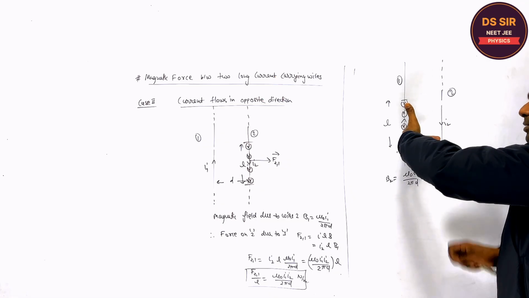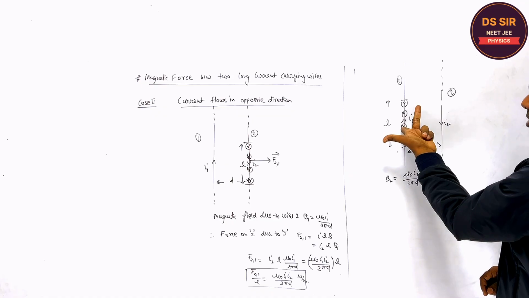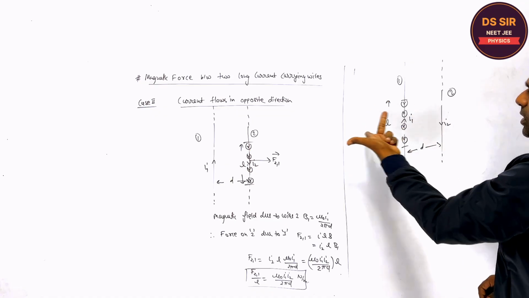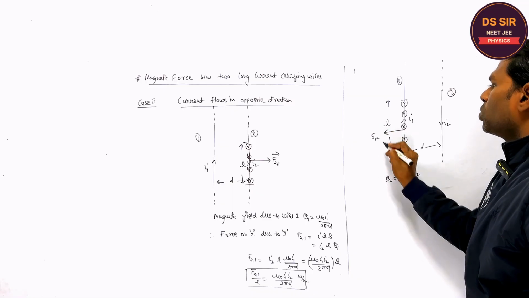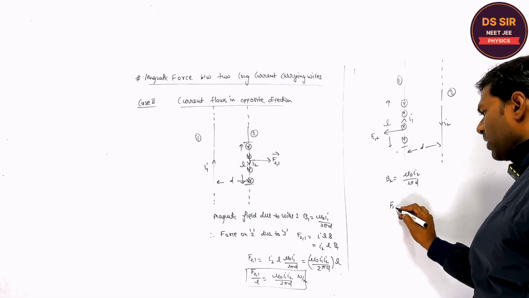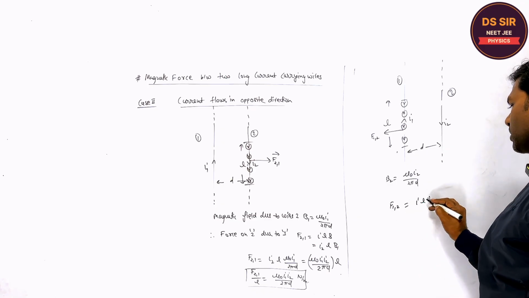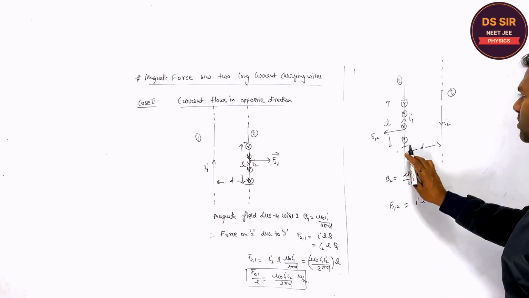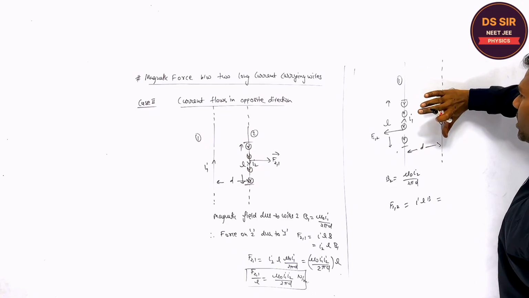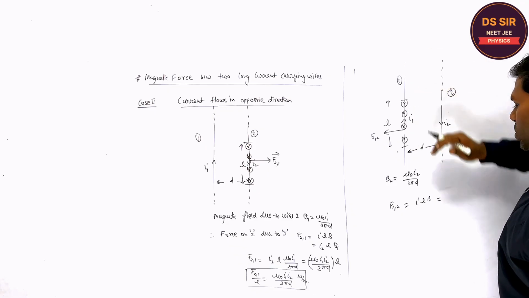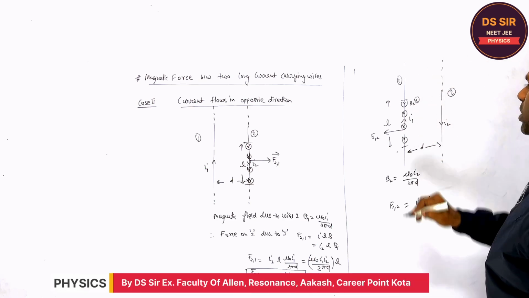The magnetic field is into the board, and the current is I1, so the force will be in this direction. Force on wire 1 due to 2 is equal to ILB. This portion of length L is present in the magnetic field produced due to 2, so this is B2 into the board here.